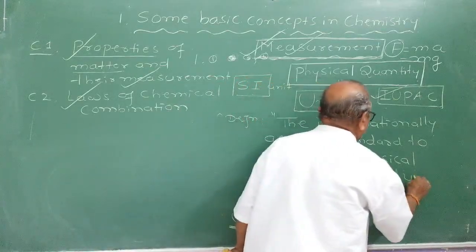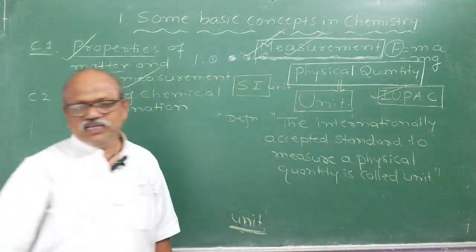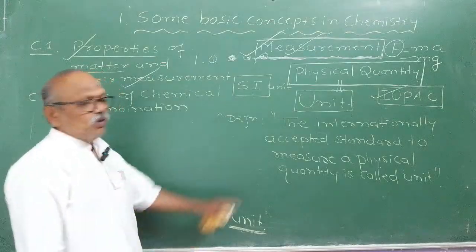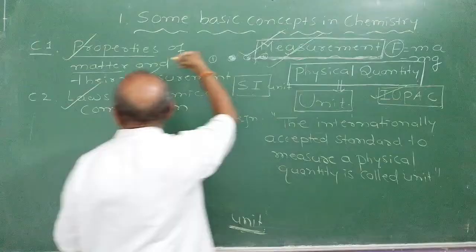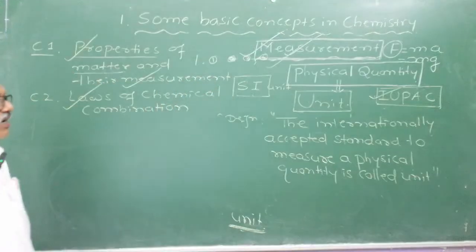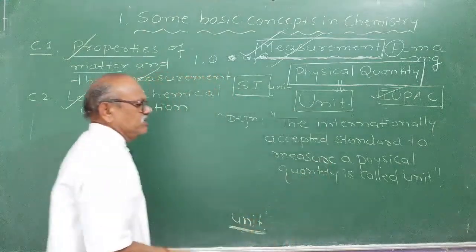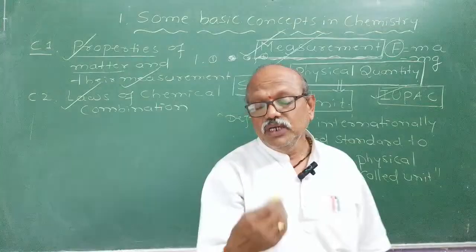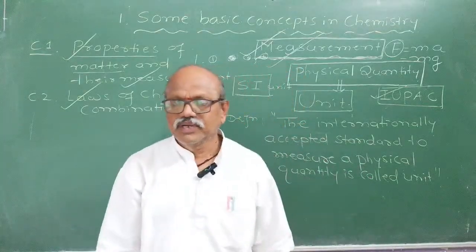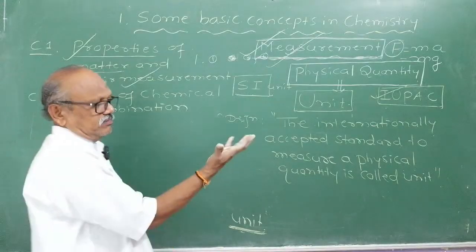Very important. It is a common thing I am discussing for both physics as well as chemistry. Now I am talking more about physics, because we are starting the chemical part, and because a lot of numericals are there, and without the knowledge of these units and measurements, you cannot solve numericals, even in chemistry, even in physics. So mathematics is the mother of science.